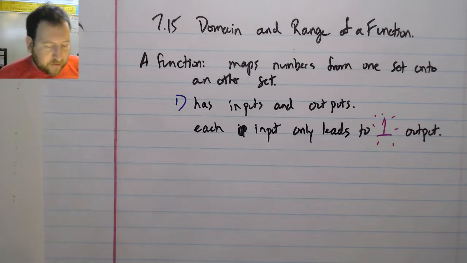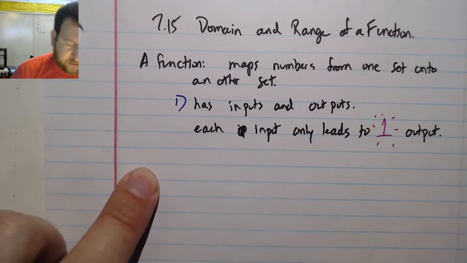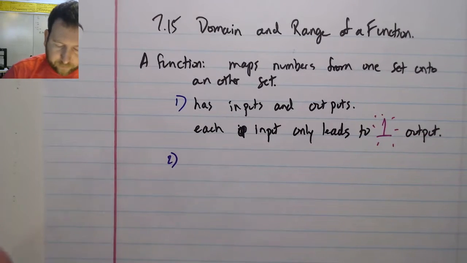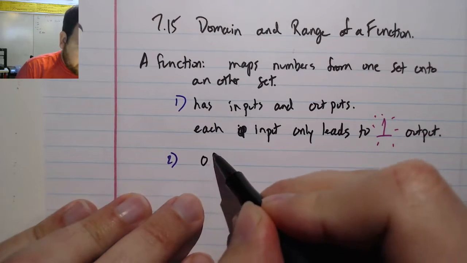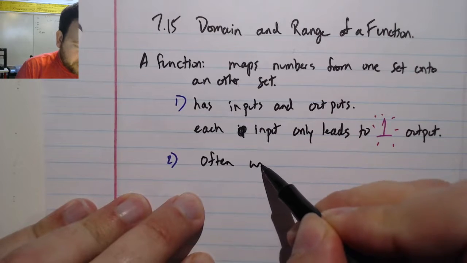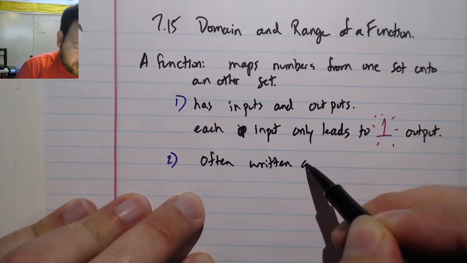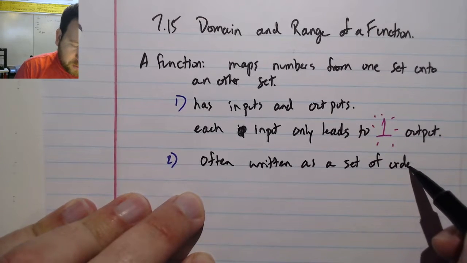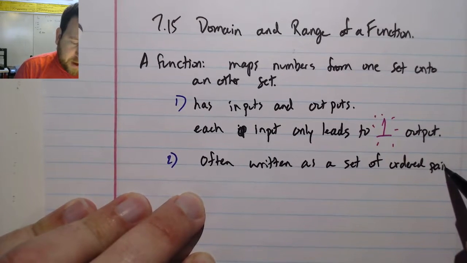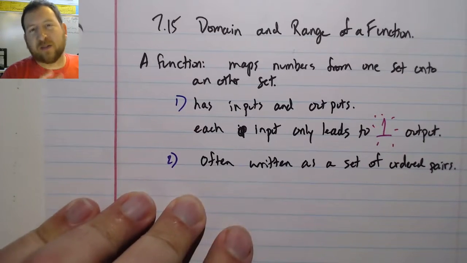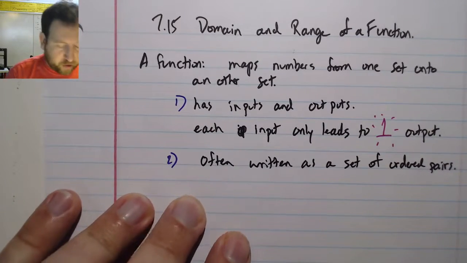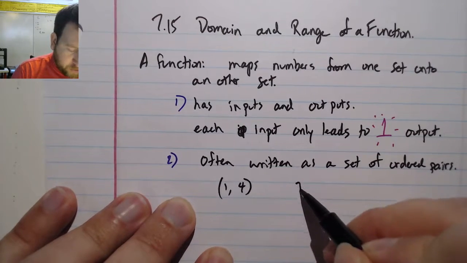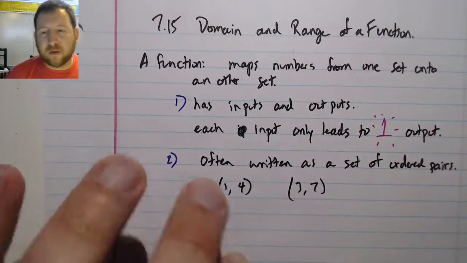And one of the ways that we often see a function listed is that a function will be written as ordered pairs. Remember, our ordered pairs are like those x and y coordinates. So often they'll be like 1, 4 or 3, 7. And that's an ordered pair.